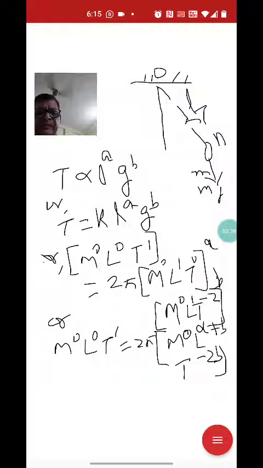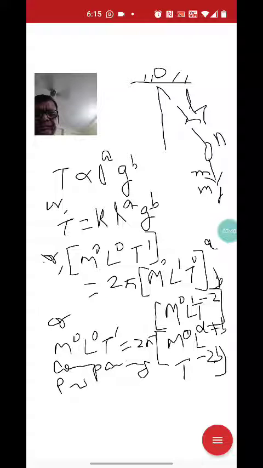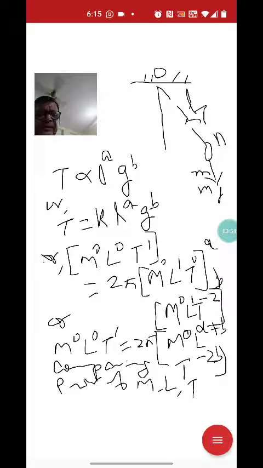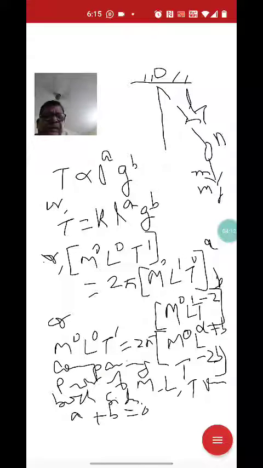So comparing the powers of M, L, T on both sides, we get here a plus b is equal to 0, L to the power a plus b on the right side and L to the power 0 on the left side, and minus 2b is equal to 1.